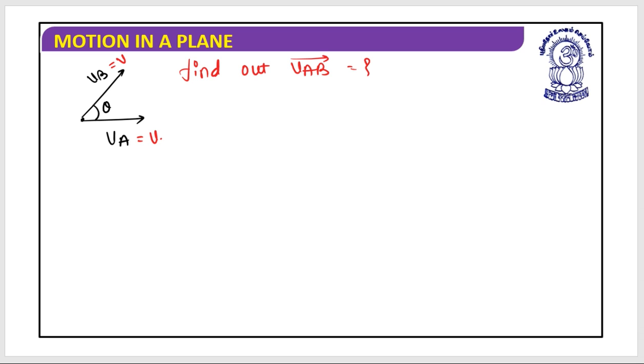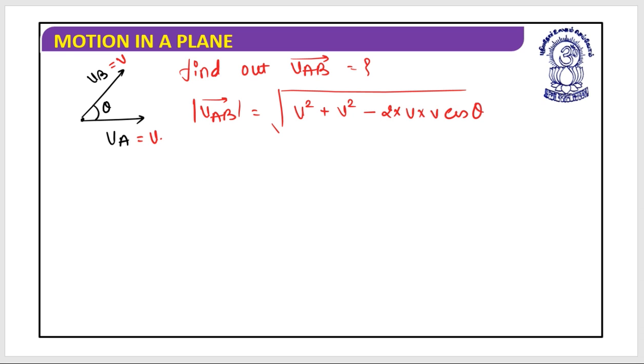So the magnitude of VAB would be equal to the root of V square plus V square minus 2 into V into V into cos theta. If I solve this, it would be under root of 2V square minus 2V square cos theta.